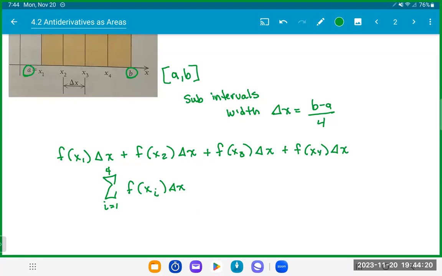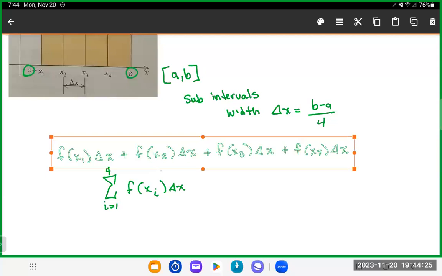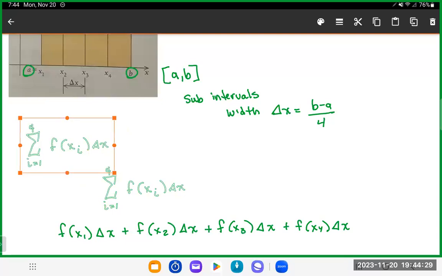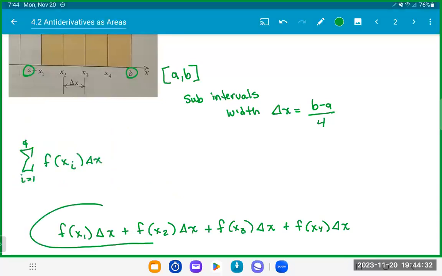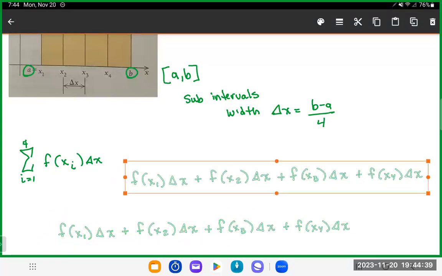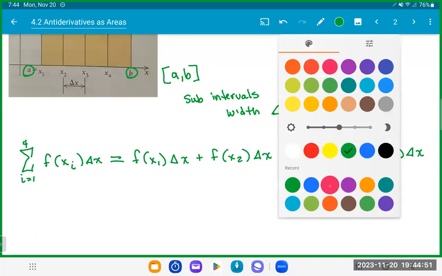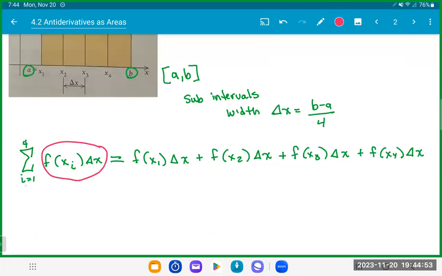Okay. So essentially, what I'm doing here is I take this whole equation and start with this.